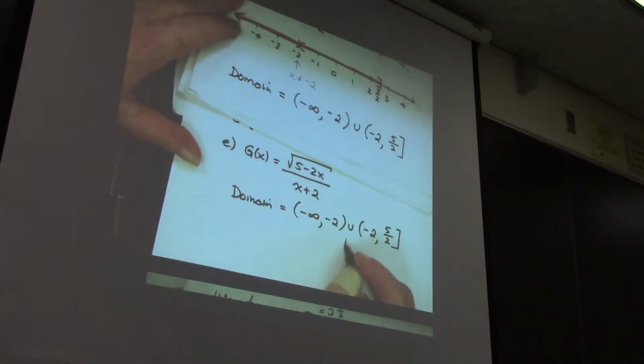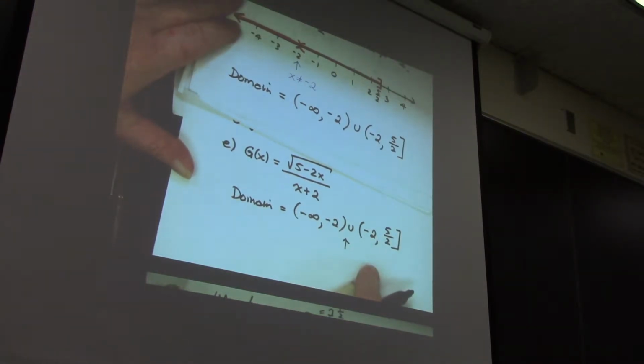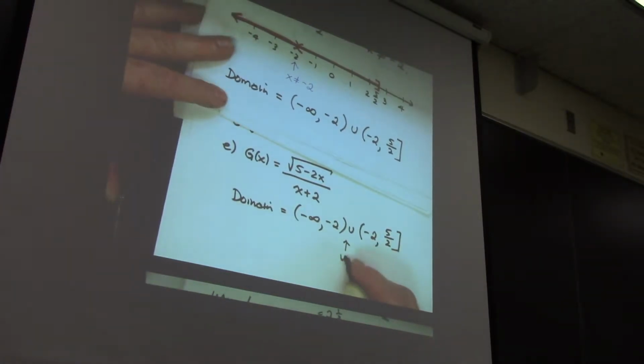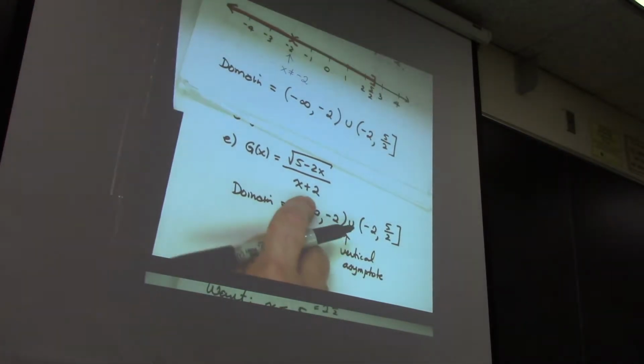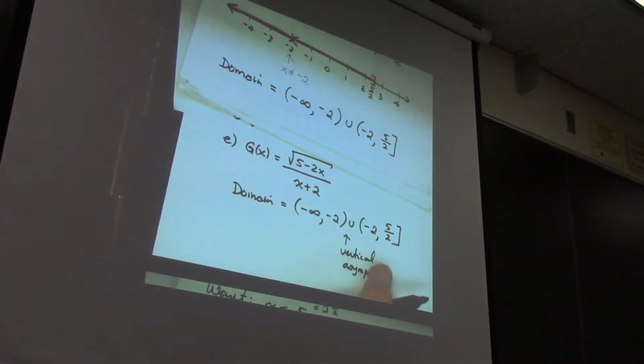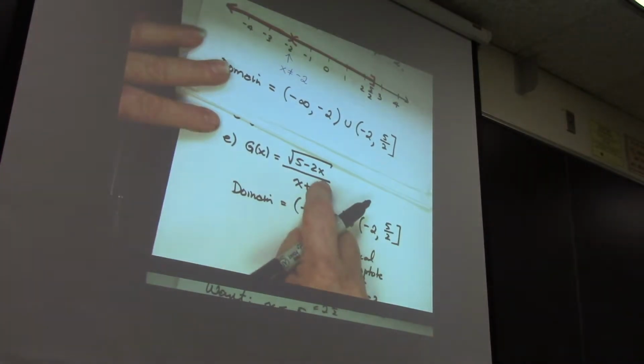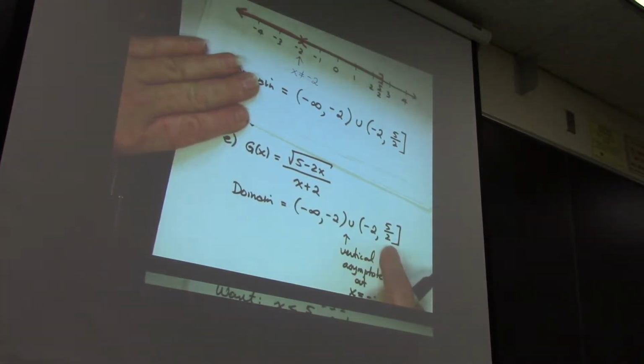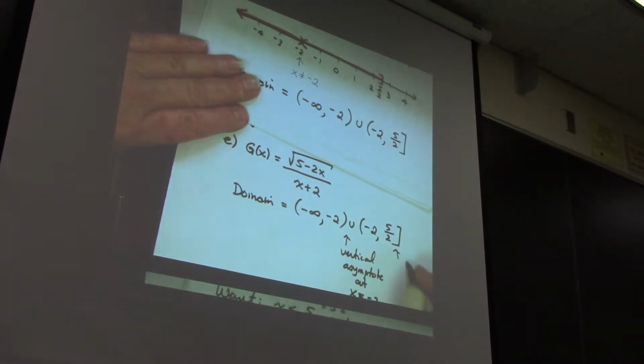Now, at x equals -2, we should expect a vertical asymptote, because x equals -2 makes us divide by 0. So that's what should be going on the graph precisely at x equals -2. And then from the square root part, the graph should just stop at x equals 5/2.